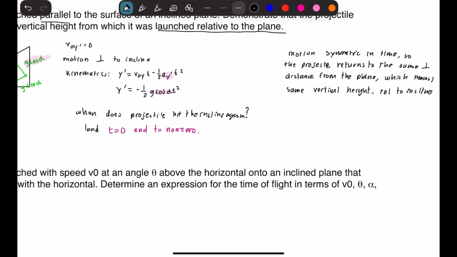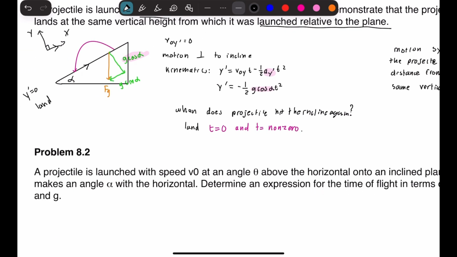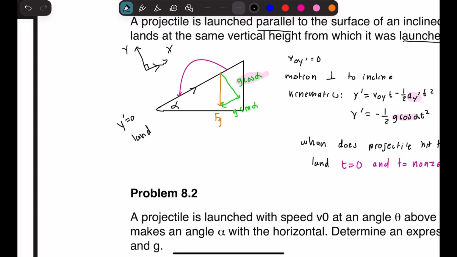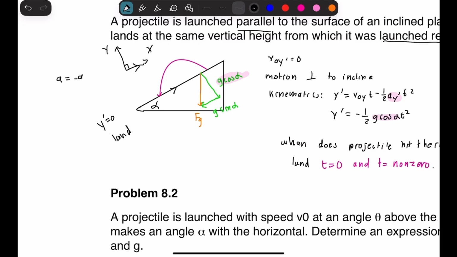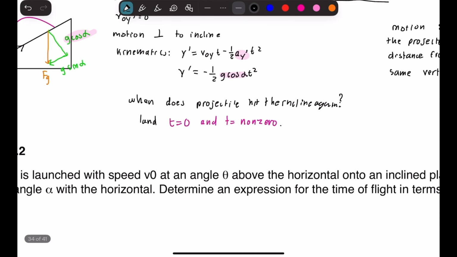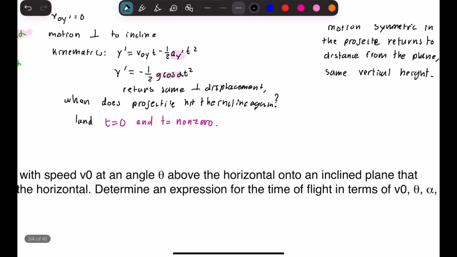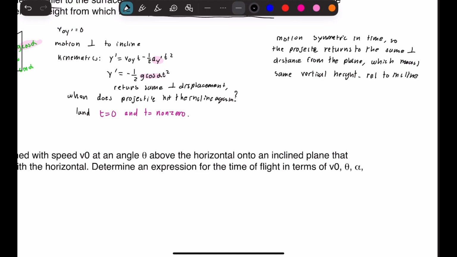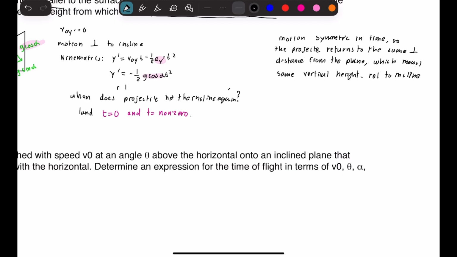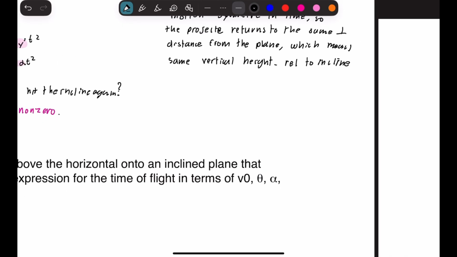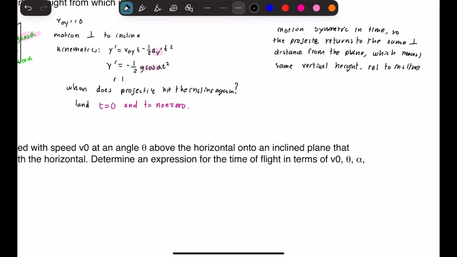Because the projectile has zero initial velocity perpendicular to the incline and experiences a constant acceleration in that direction, it returns to the same perpendicular displacement, which means it's at the same height relative to the incline.